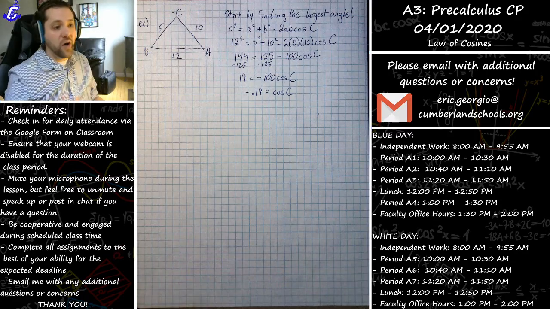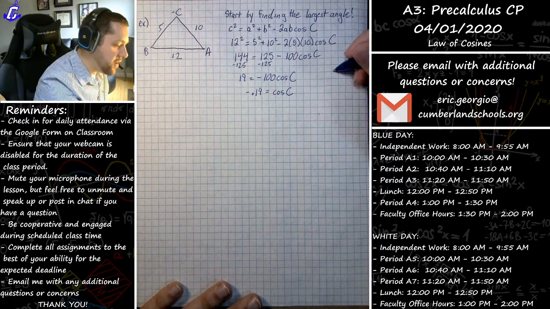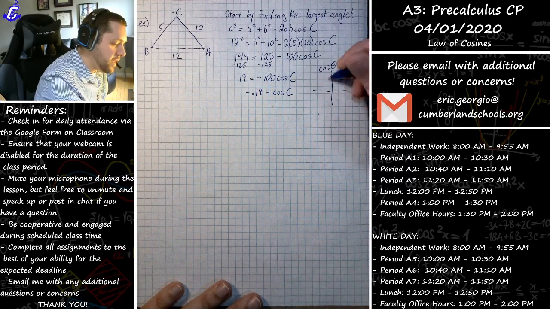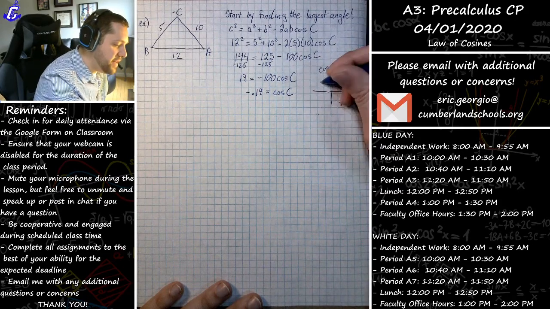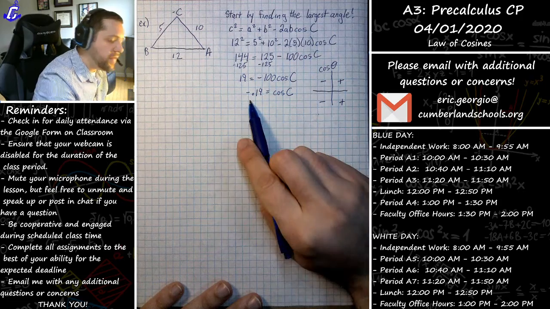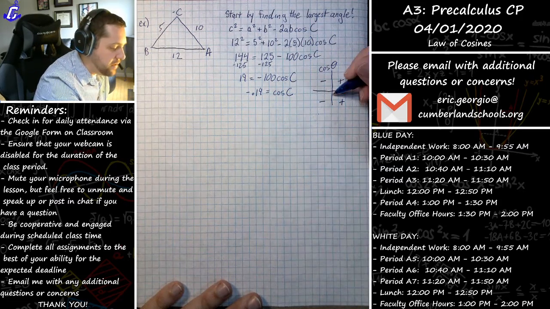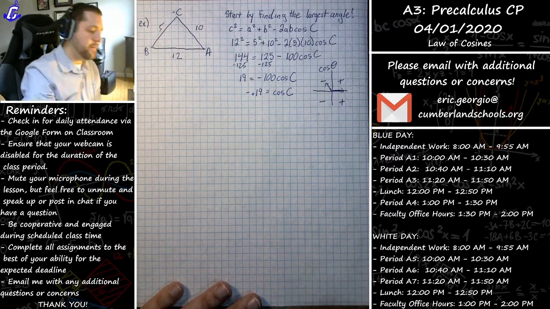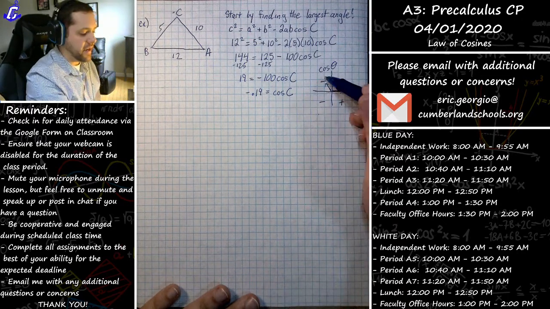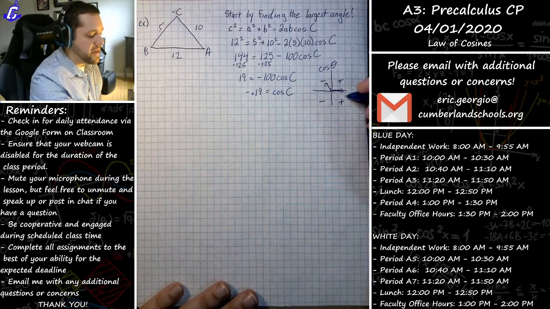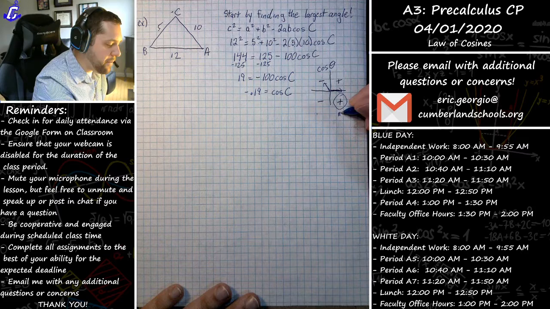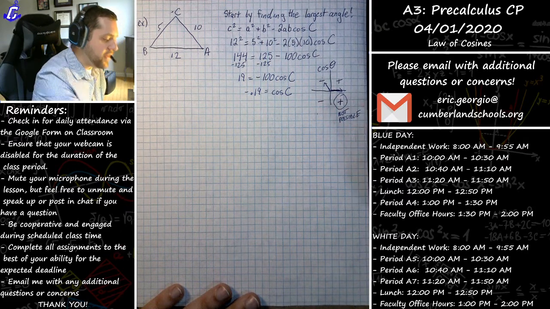And by the way, it's okay that you get a negative value for cosine because remember, cosine, unlike sine, is positive here, negative here, negative here. So the fact that you're getting a negative value for the cosine means that your angle has to be obtuse, right? Notice that, because it has to be in the second quadrant, you wouldn't have to worry about any ambiguous case for cosine, by the way, because it's not possible within the dimensions of a triangle to get anything in the fourth quadrant.